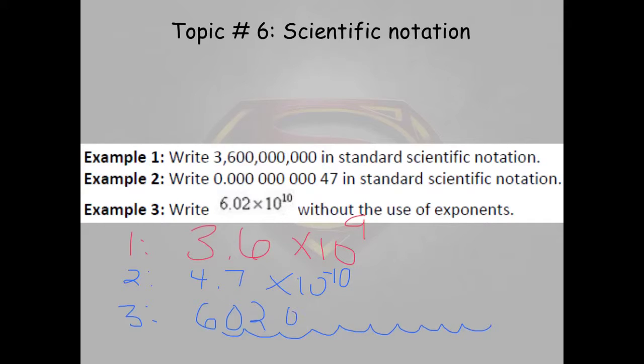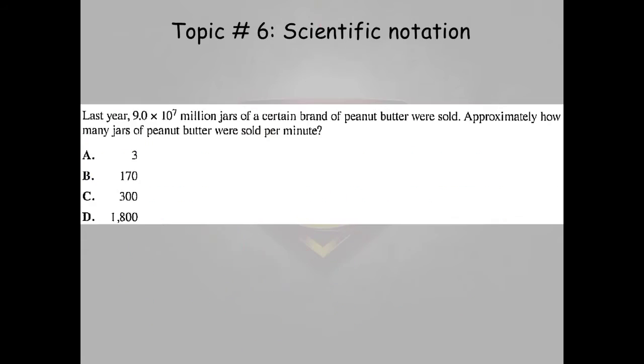Add in our zeros: 1, 2, 3, 4, 5, 6, 7, 8. And there's our answer. We can add in commas every 3. And what would that give us? 60,200,000,000. Notice that the exponent here, 10, is not the number of zeros. That's a common misconception, but it's the number of decimal shifts, not the number of zeros.